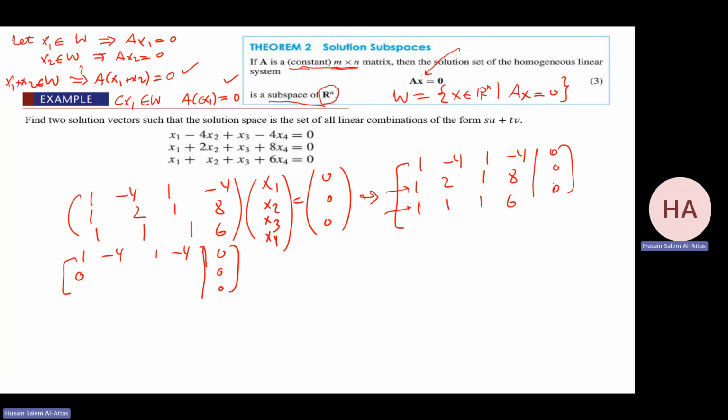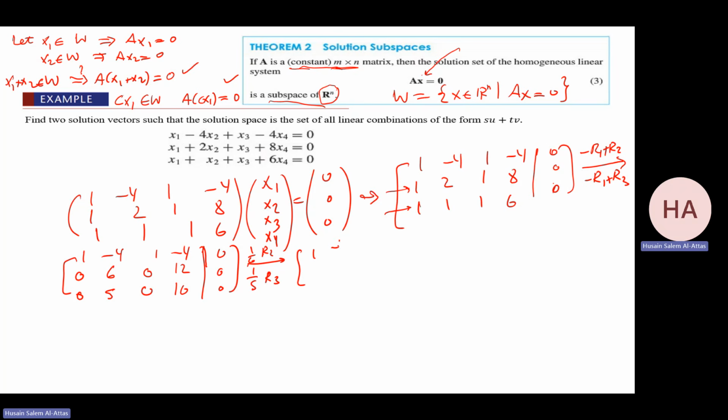Multiply by -1 and add, that will be 0, 6, 0, 12. Multiply by -1 and add, that will be 0, 5, 0, 10. If you want me to write the steps, I say minus R1 plus R2, minus R1 plus R3. Now multiply 1 over 6 R2 and 1 over 5 R3.